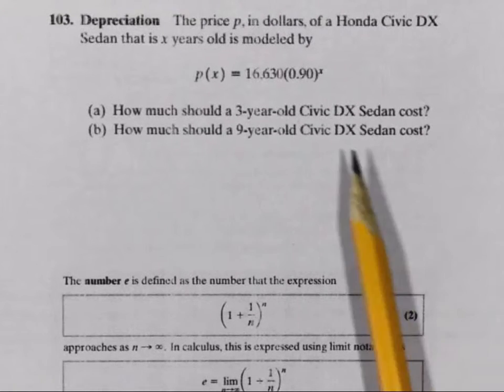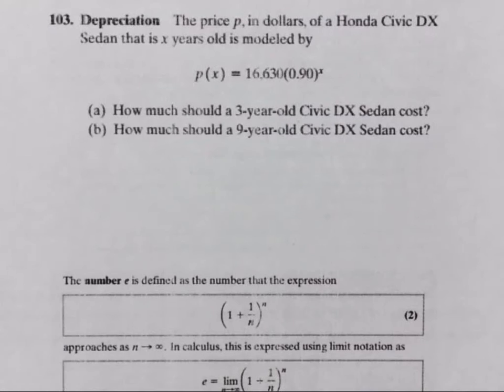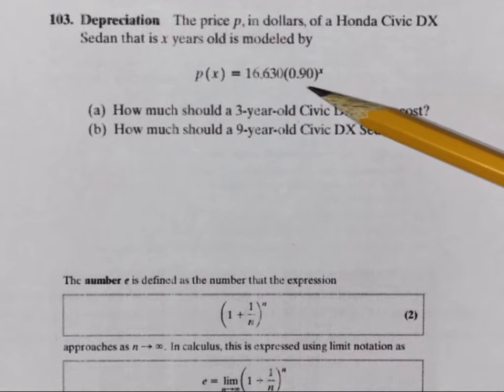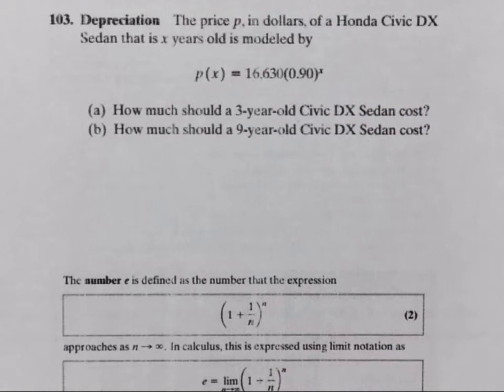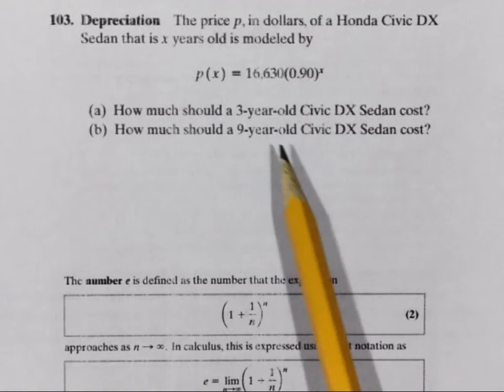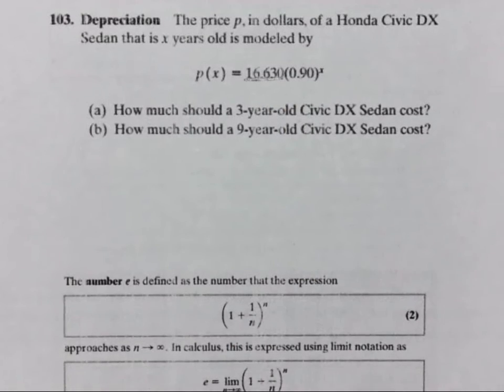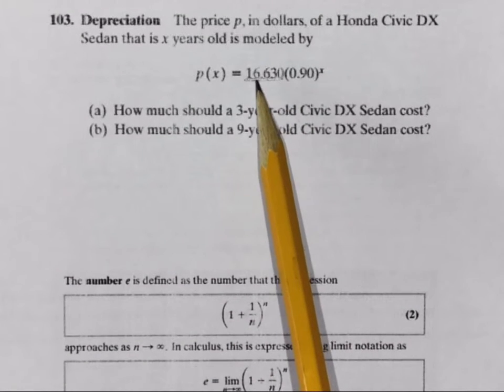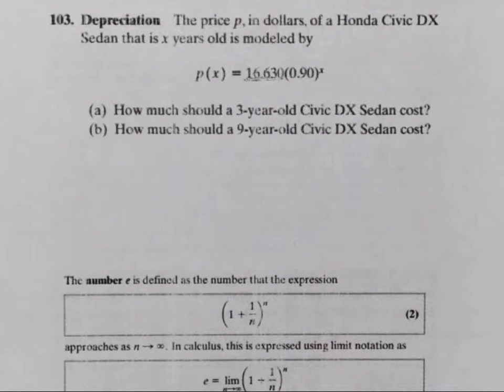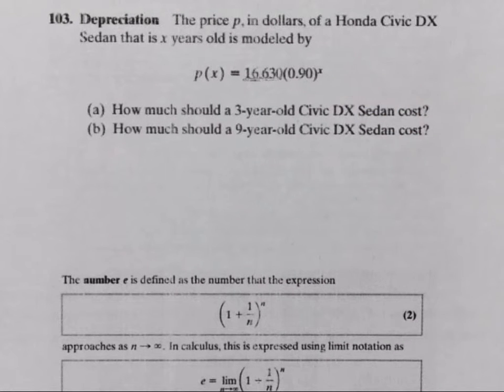So notice that this is an exponential decay function because a is between 0 and 1, so it's a decimal. So that's kind of the telltale sign. This number here is once again the initial value. So basically what this function is saying is that the person bought the car for $16,630 and it's basically decreasing at a rate of 10% per year. Okay, that's 100% minus 10% is where the 0.90 comes into play.